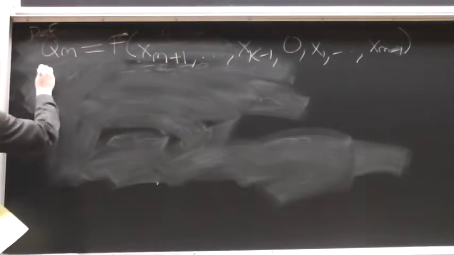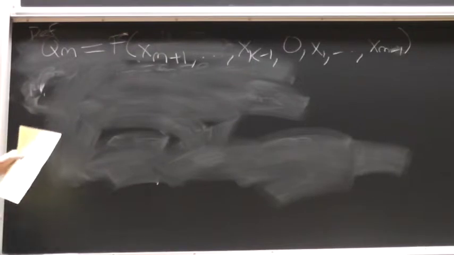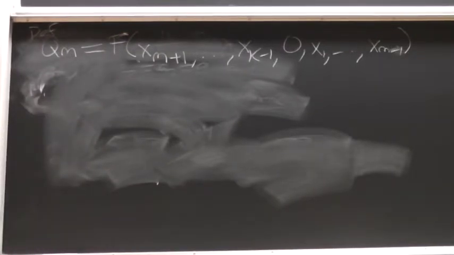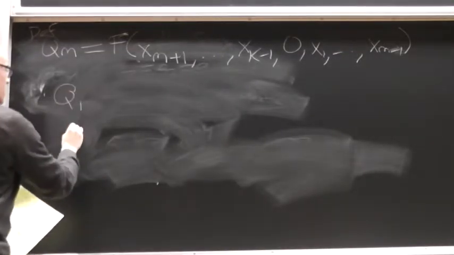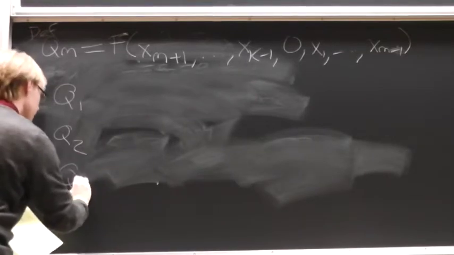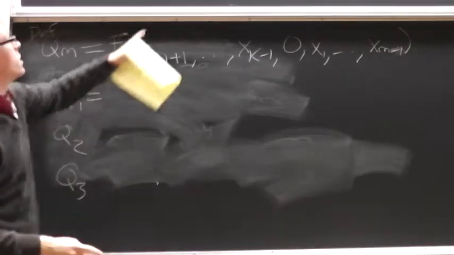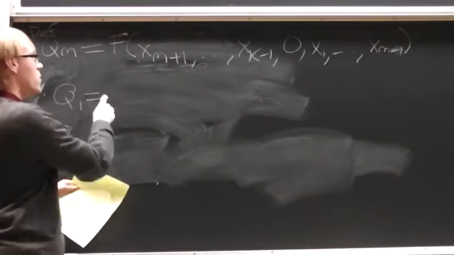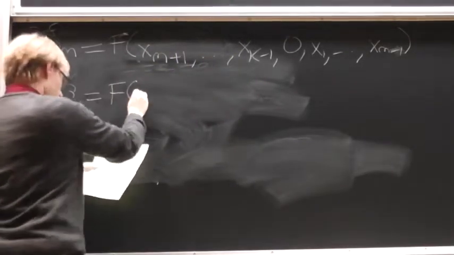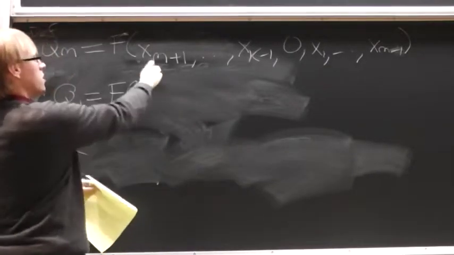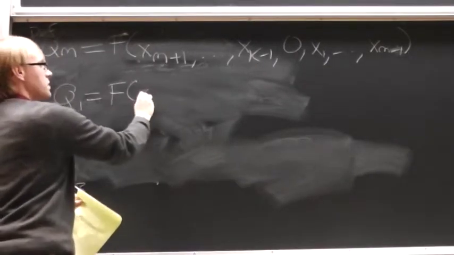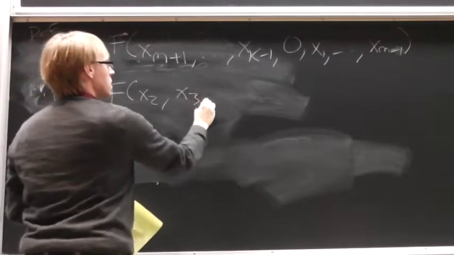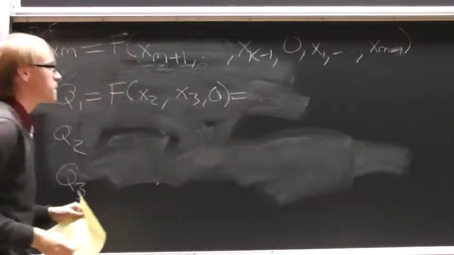So let's actually calculate out what Q m is in the Somos 4 case. We want to find Q1, Q2, and Q3, and we're going to use f as x1 x3 plus x2 squared. So Q1: m here is 1, so we start with x2, x3, comma 0.